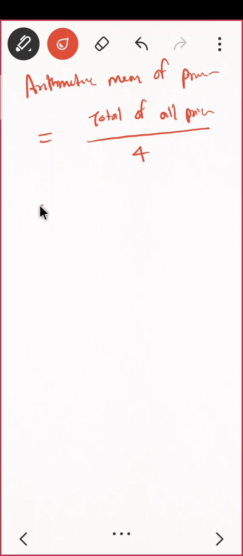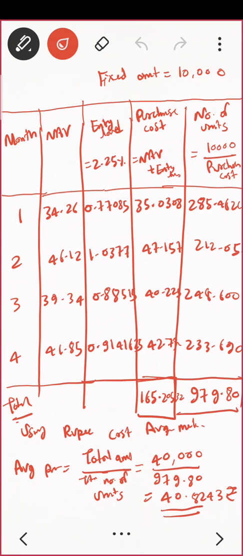Perfect. You have already calculated the total of all prices, divided by the number of prices. How many prices are there? 4, na? Divided by 4. So what is the sum? It is 165.20, correct?